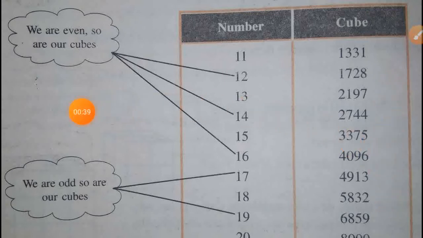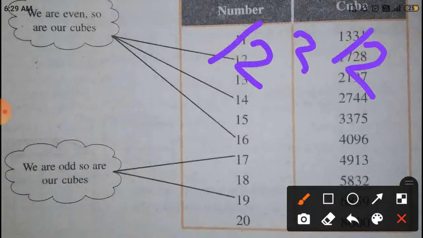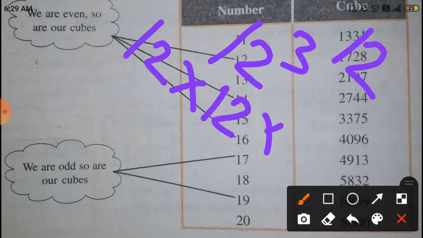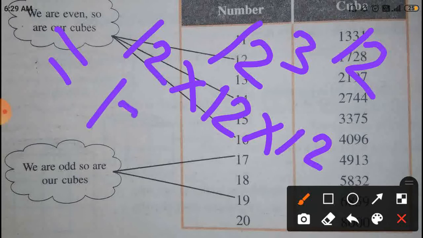It means we can say that if the given number is even, suppose we are talking about 12, that is 12 multiplied by 12 multiplied by 12, and it is 1728.